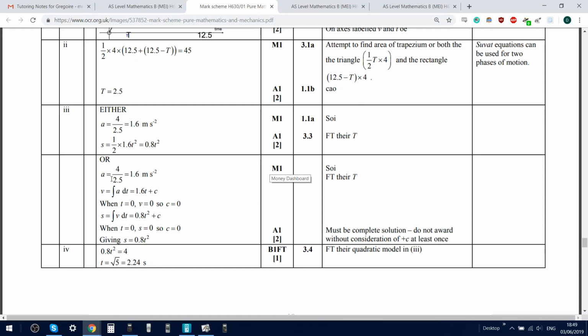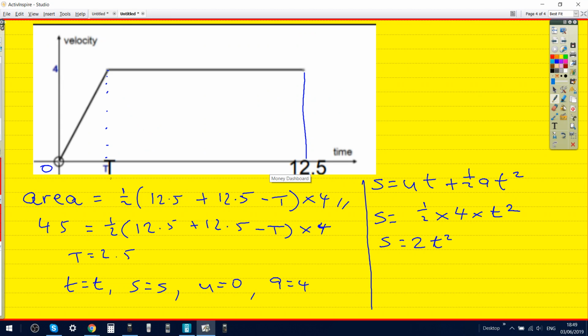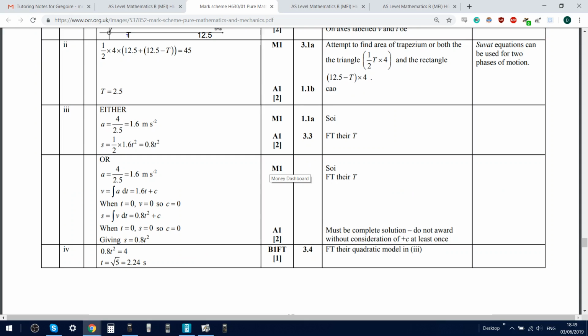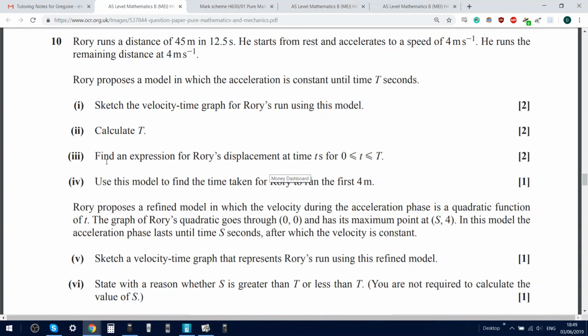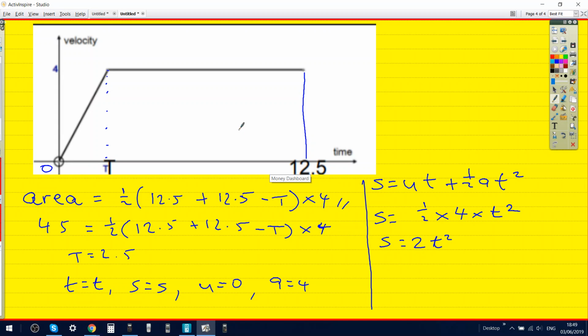So they said it is a half times 1.6. His acceleration is 4 over 2.5. Oh no, his acceleration isn't 4, or is it? Let me read the question. Oh no, the acceleration isn't 4. He accelerates to a speed of 4. So we have to calculate acceleration. So acceleration is unknown. How do you get acceleration from a velocity-time graph?